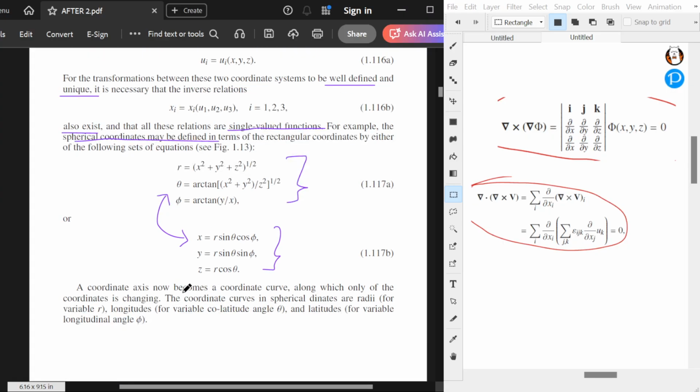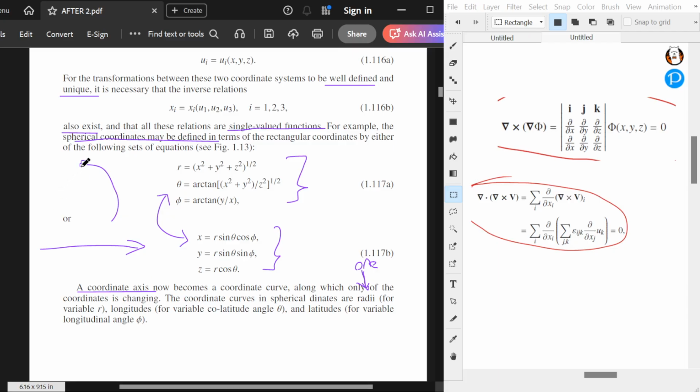A coordinate axis now becomes a coordinate curve along which only one of the coordinates is changing. I think they're missing a word here.